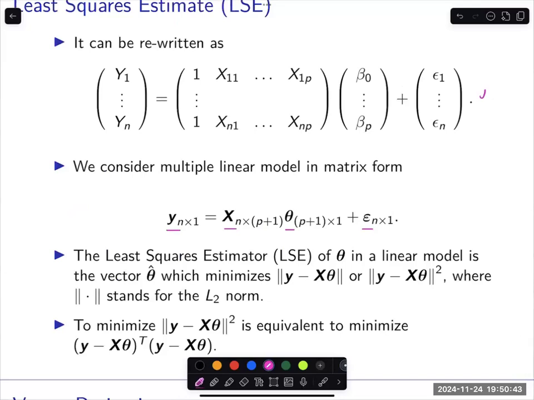The least square estimator is a linear model finding the vector theta hat which minimizes y minus X theta squared, or the L2 norm of the difference between the vector y minus X theta. Or put another way, we are trying to minimize y minus X theta transpose times y minus X theta.